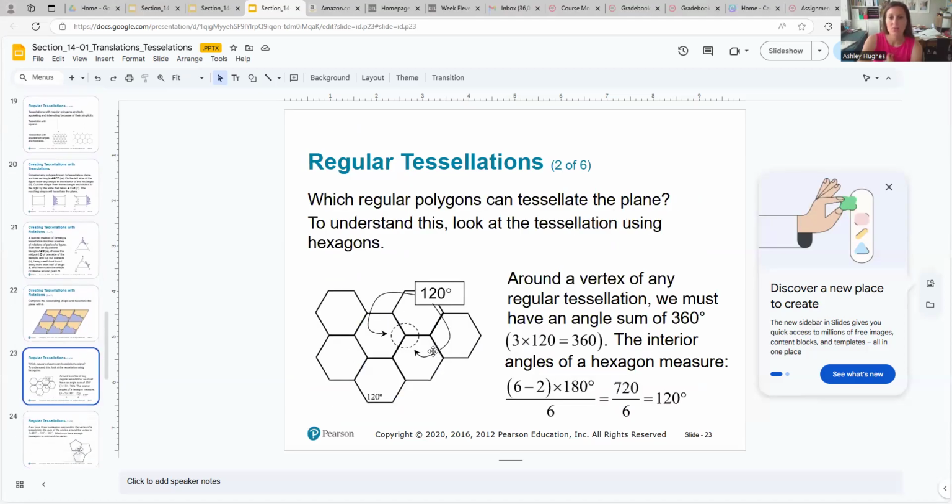Now this is saying, will a regular polygon tessellate? To know if it will, we have to have an angle sum of 360 degrees. That's just for a regular polygon to line up. These angles have to add to 360 degrees or they won't fit perfectly.